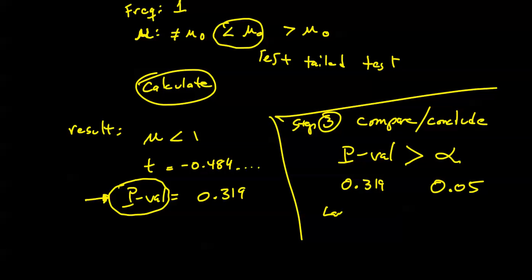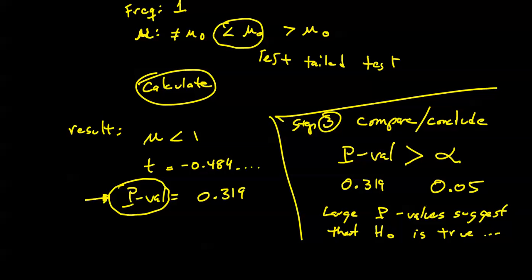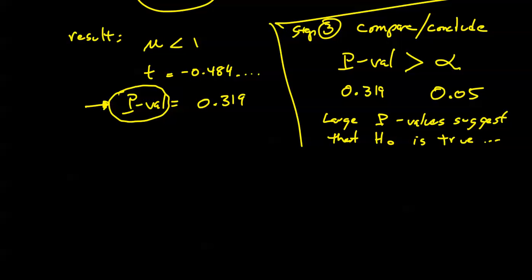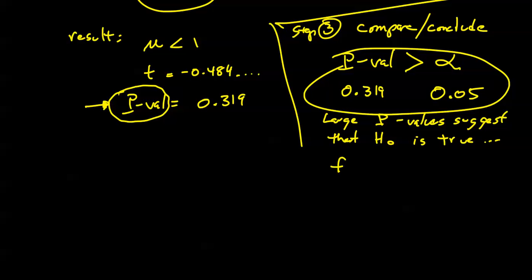All right, now remember, large p-values suggest, doesn't prove, but does indeed suggest that there's nothing wrong with H0, that H0 is in fact true. Okay? So based on this result, I claim we fail to reject H0.